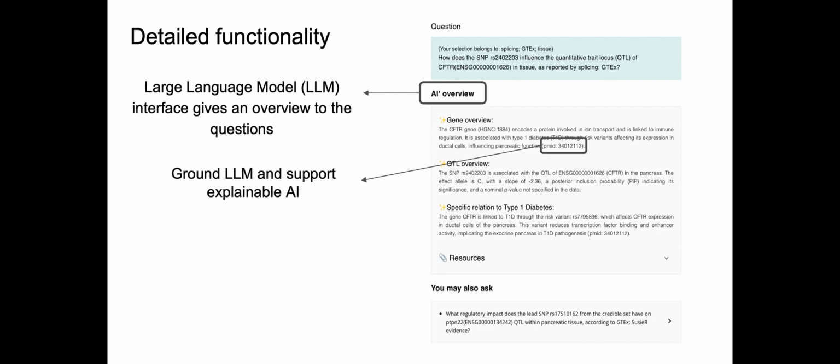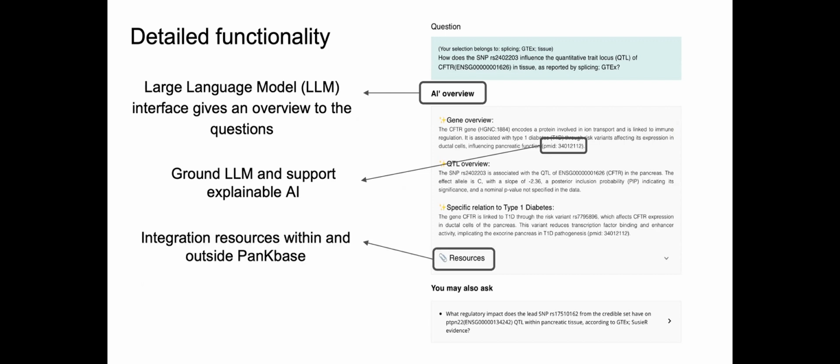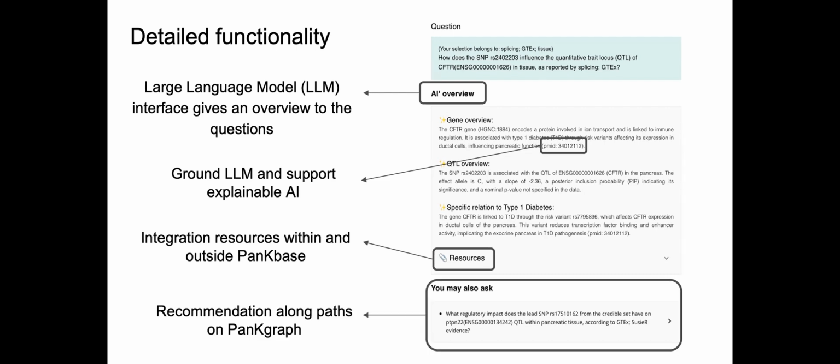So this helps ground the LLM and support explainable AI. And again, the resources will link you to the PanKgraph data library or analytical library and internal resources outside PanKgraph. And here we also have recommendation along the path on knowledge graph that may give you the next question you want to ask.